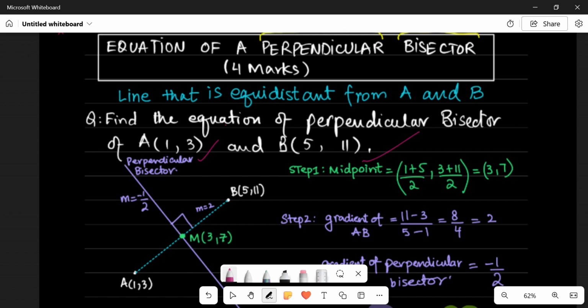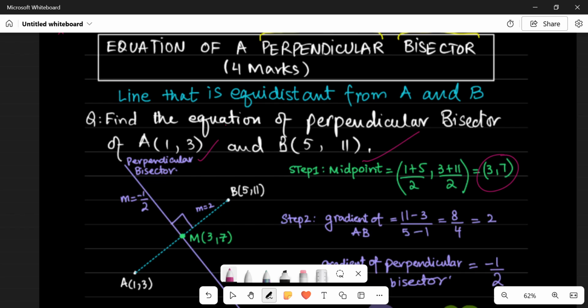So step number 1: first of all, you need to find the midpoint of AB. Once you find the midpoint, you get the answer (3, 5).